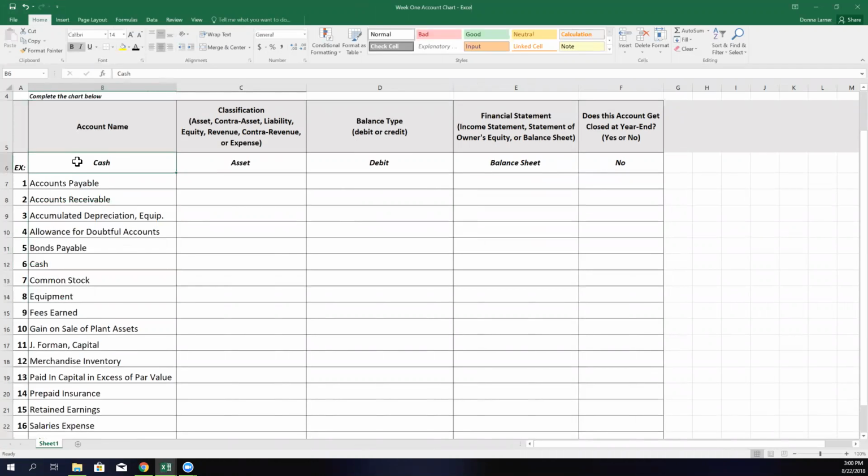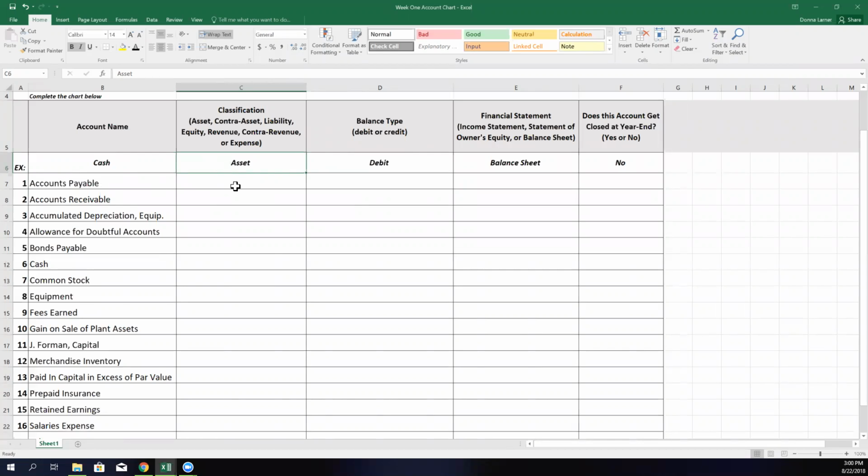I've given you an example of cash and said, what kind of account is it? Because you can't apply those rules if you don't know what category it fits into. Remember, our T account said that all assets work this particular way, but if you don't know cash is an asset, then it's pretty hard to apply the rule. So it's going to be real important that as we learn any account name, you can classify it.